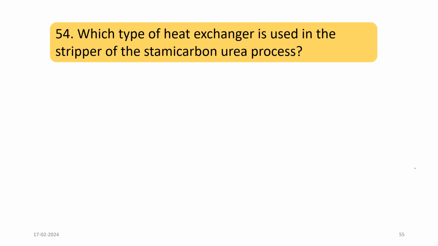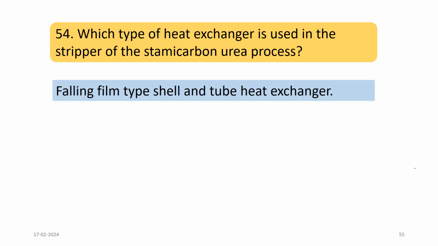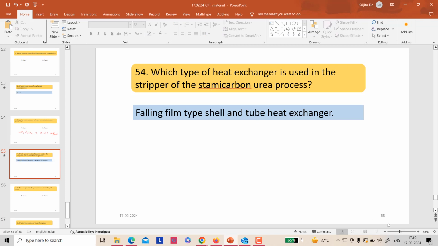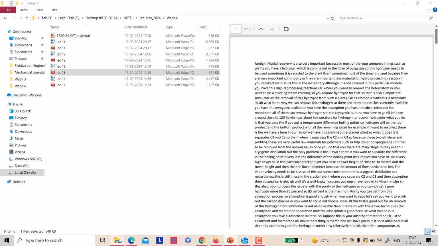Next is which type of heat exchanger is used in the stripper of the semi-carbon urea process? So the answer will be falling film type shell and tube heat exchanger. Let's see where it is in the lecture.